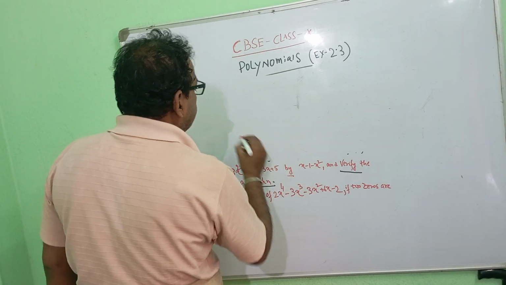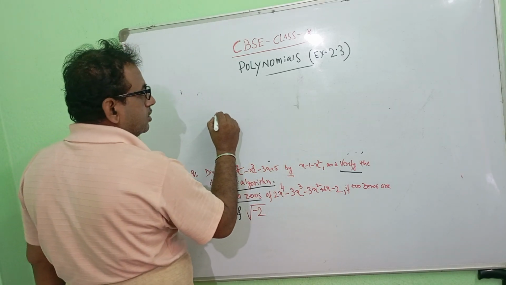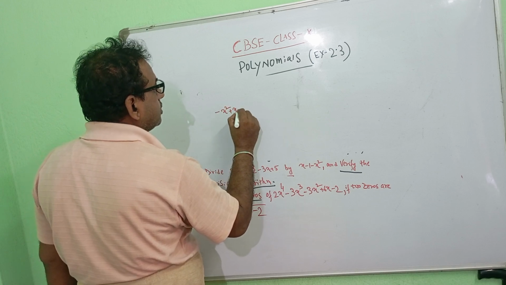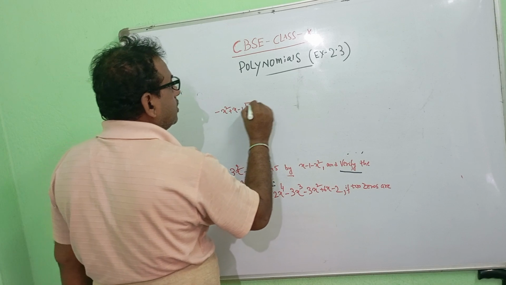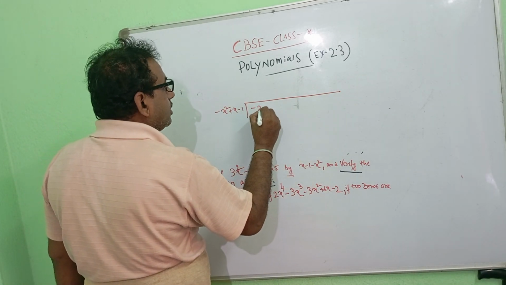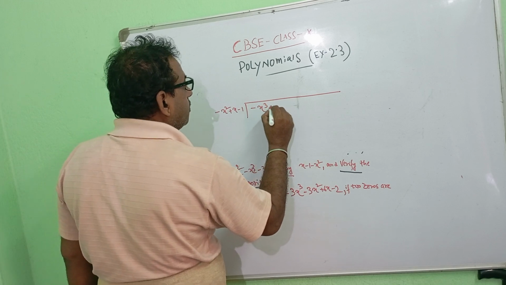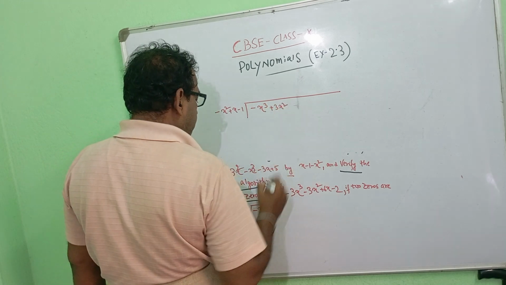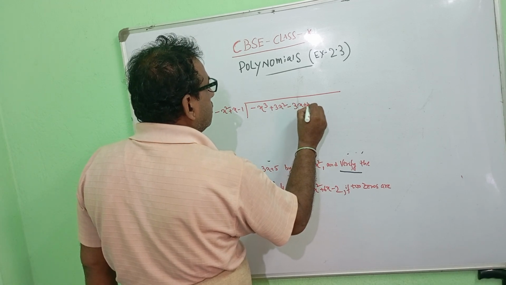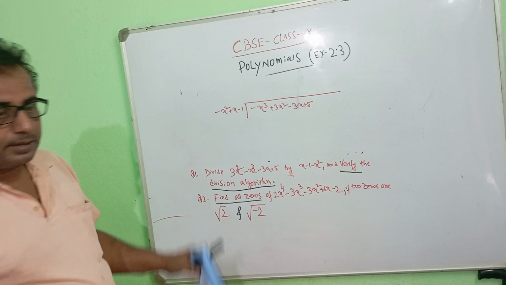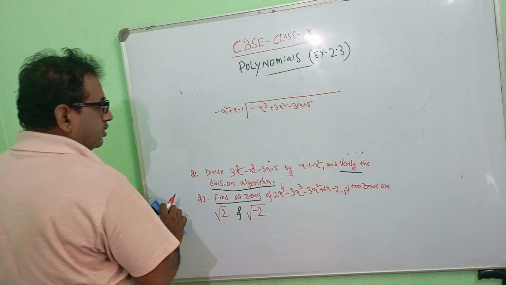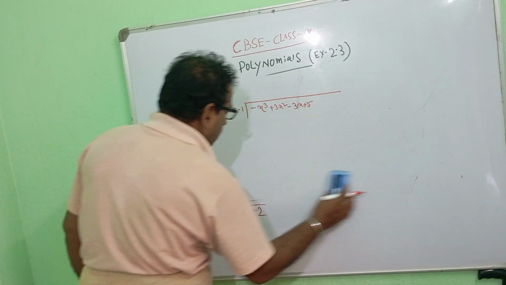That is minus x square plus x minus 1 is divided into minus x cube plus 3x square minus 3x plus 5. This has to be written very carefully.